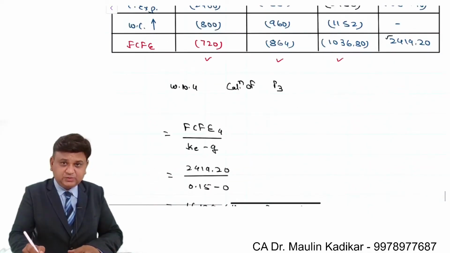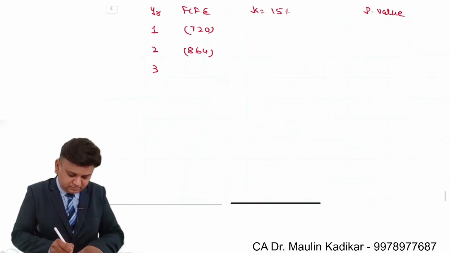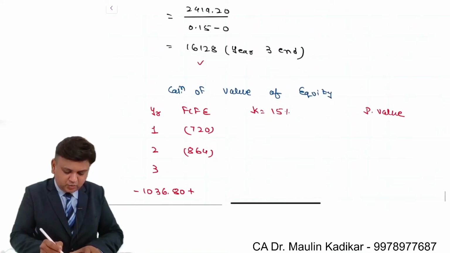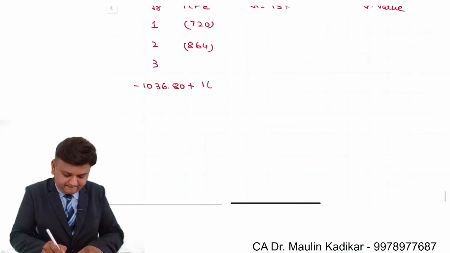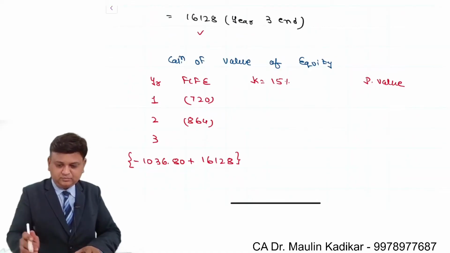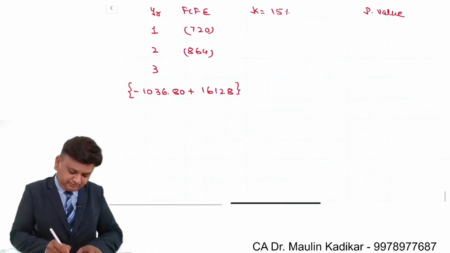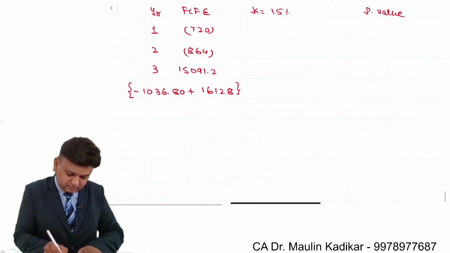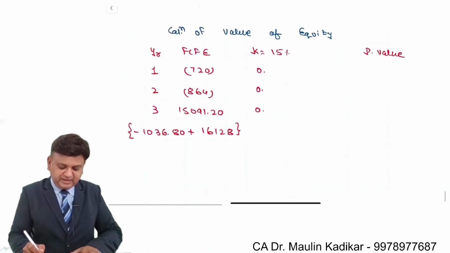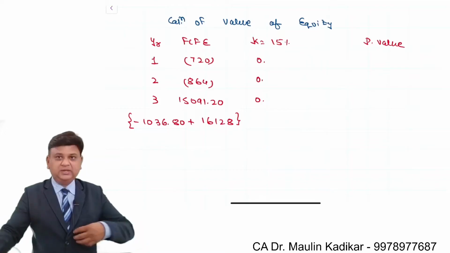Then it is 1036.8 is outflow. Plus 16128. So 15091.2. It will be discounted at the rate of 15%. Its present value will be calculated to compute the value of the equity. This is what we understand.